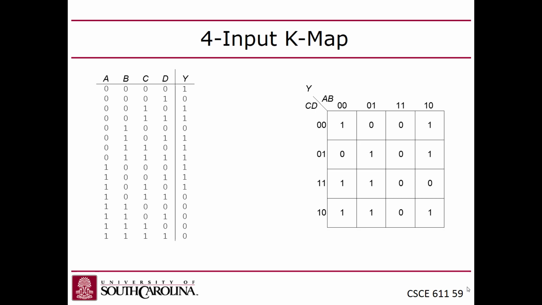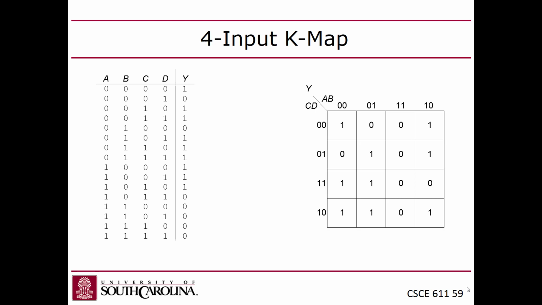But Karnaugh maps are fine for going up to 6. In this case I've got A, B, C, and D. Some people, by the way, like to put A, B here and C, D here. It's just a matter of preference. Obviously, the way that you would map the truth table onto the Karnaugh map would change if you do that, but it would still be valid.